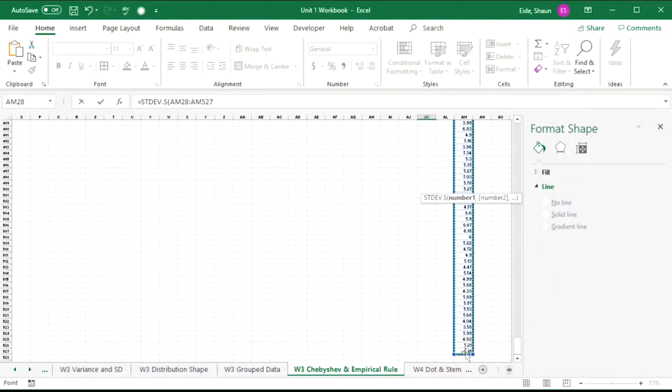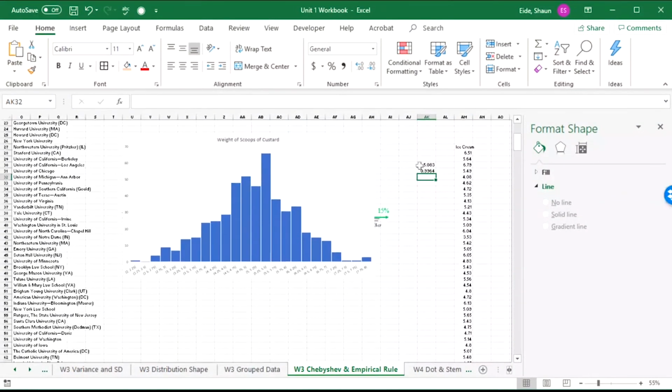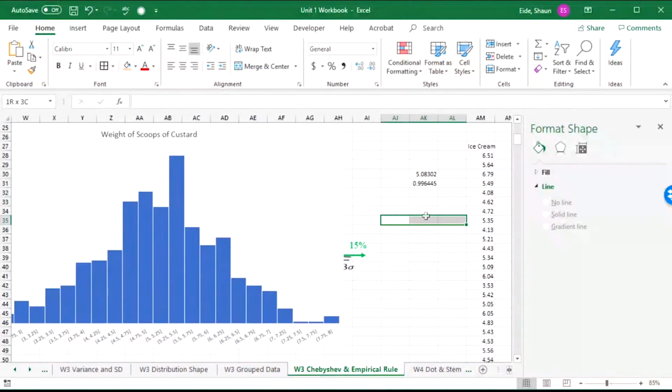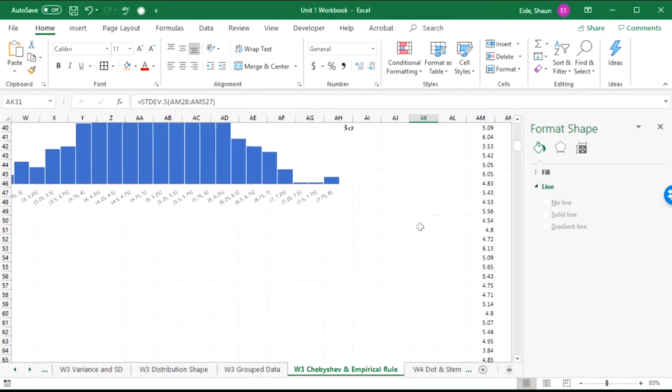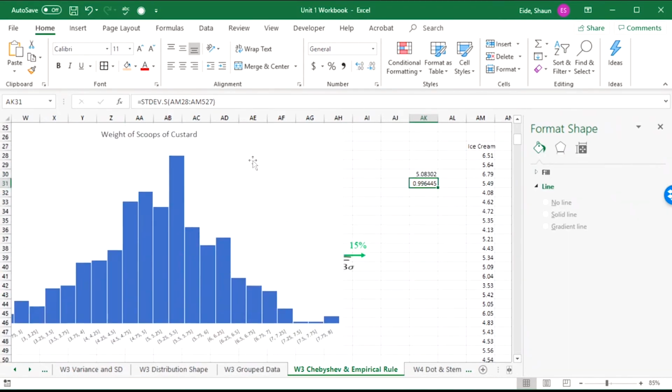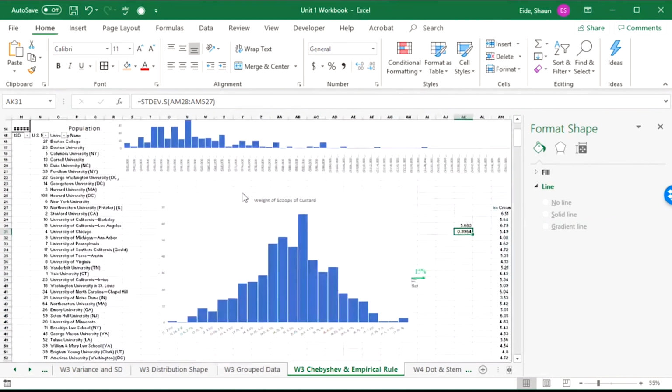Okay, and it's right about 1. And so what I'm going to do here, I'm going to zoom in and I'm going to show you. I have a mean of about 5 and a standard deviation of 1. And so just for argument's sake, I'm going to just make it 5 and 1.